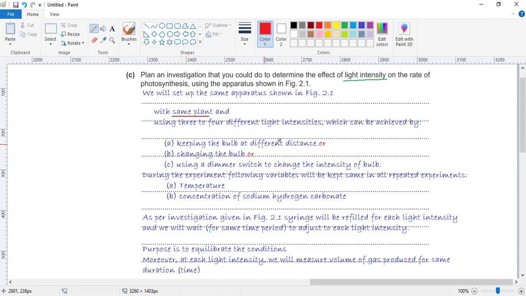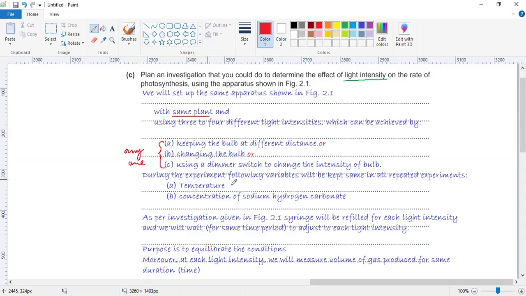You can use any of these methods for keeping the different intensities. For the 3, 4 or 5 different intensities that you need, you can change them either by keeping the bulb at a distance, or by using different bulbs of different intensity, or the easier way is to use the dimmer switch. So any one of them is a must from this point.